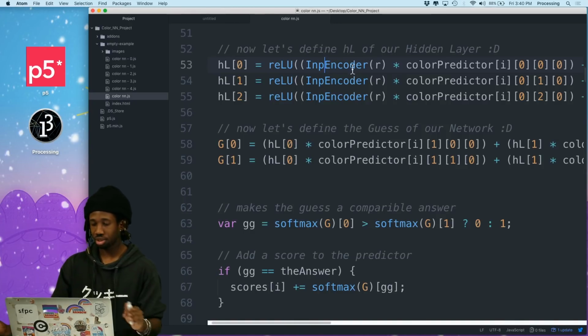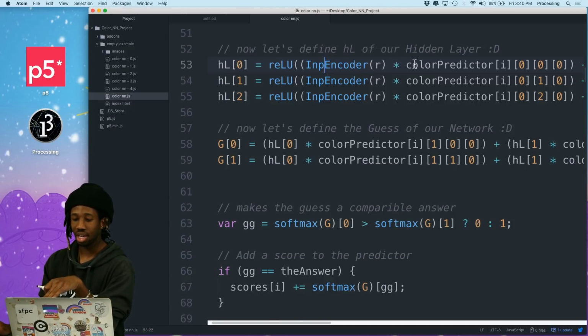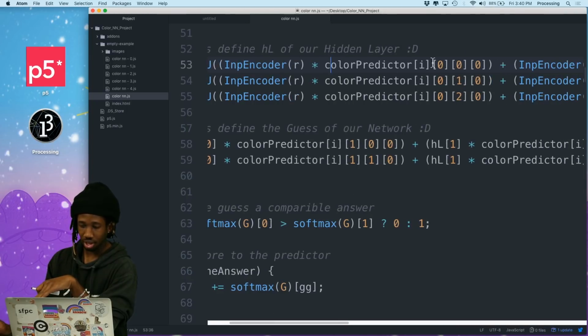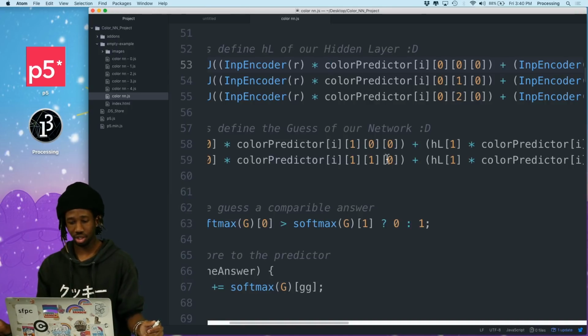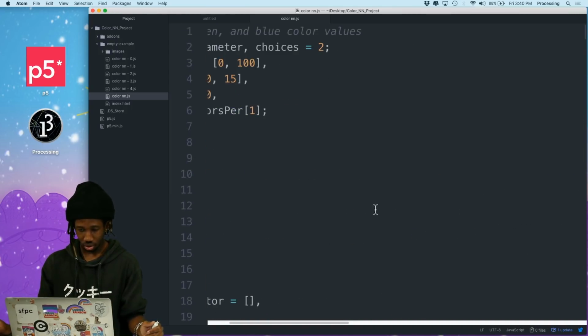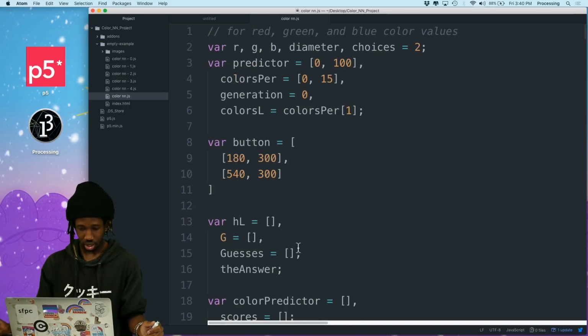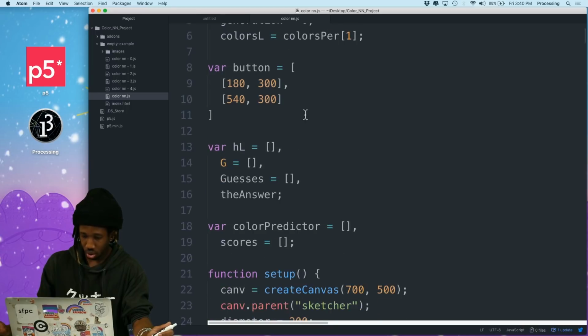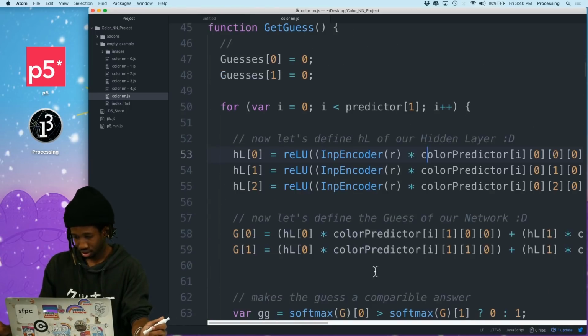So this function simply divides our input by 255, and then we'll multiply that by the weight of our hidden layer. So this is an array function that I will go over really quickly, that we instantiate to hold all of our weights.